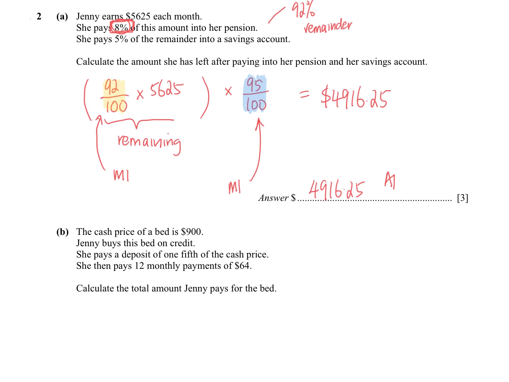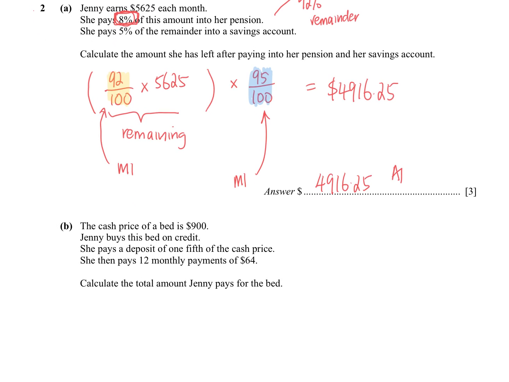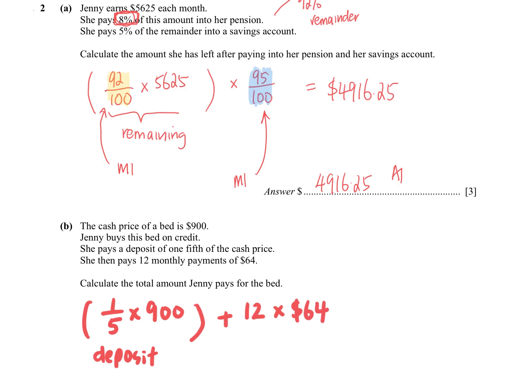Okay, next is this person is buying the bed for $900, but she wants to buy on credit. So she pays 1/5 of this amount first. So she pays this as a deposit. Okay, and then the rest, she paid 12 monthly installment of $64.